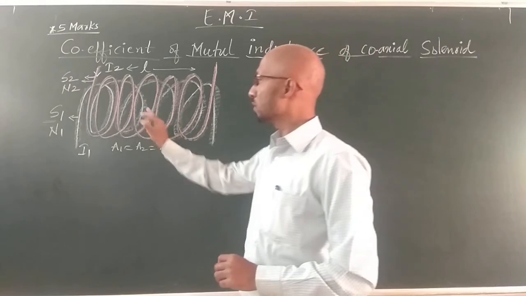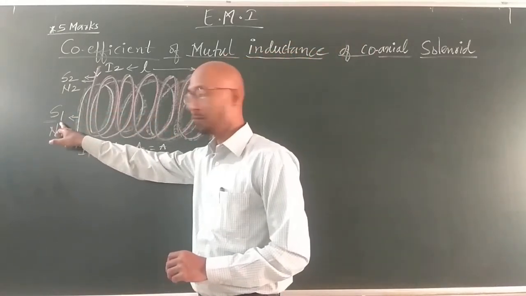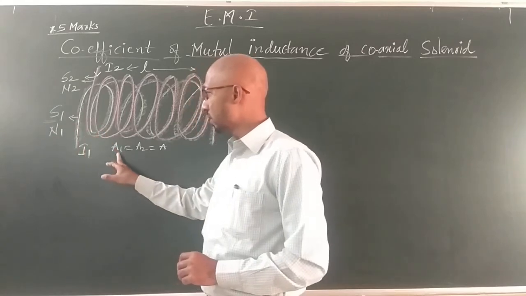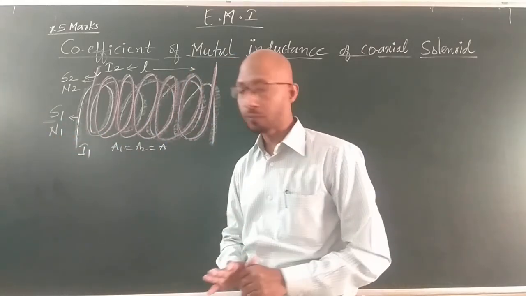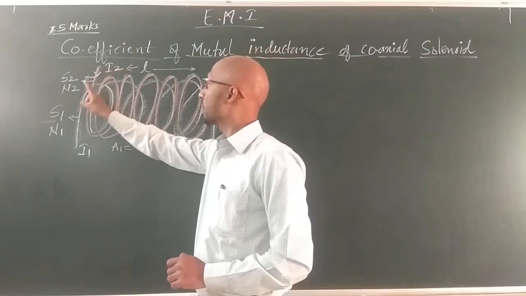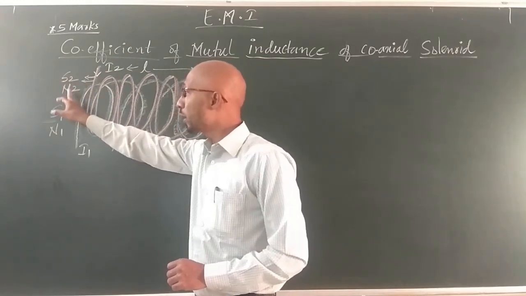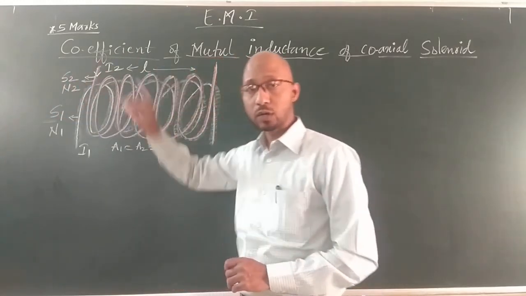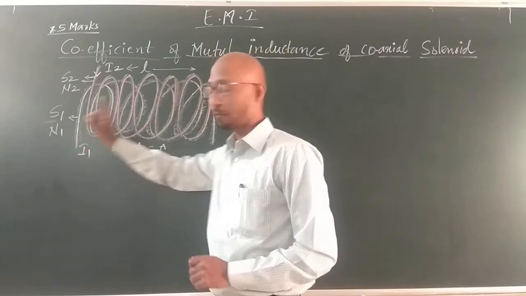Now let us go through some considerations. Let S1 be the first solenoid, which has area A1, and N1 is the total number of turns in the first solenoid, which has length L. Now let us have the second solenoid, S2, which has N2 turns wound on the same axis as S1.